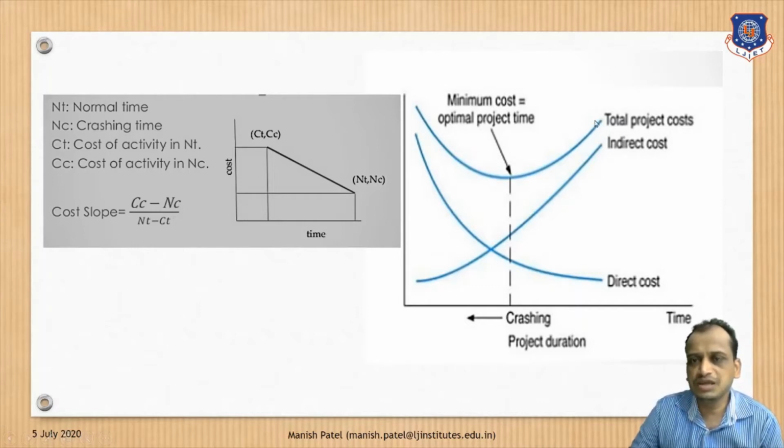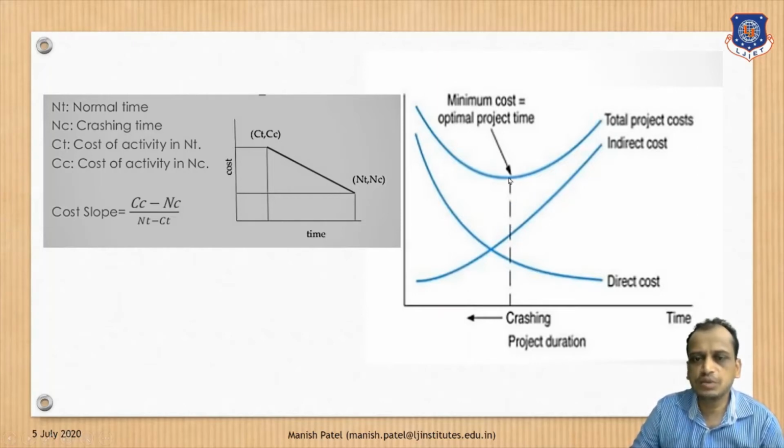What the company tries to find is this level here. This level is the optimum level where you can crash the network or the activities. Here it is the optimized one. If you go up on the top, you are trying to increase the cost, but this is the optimized crashing of the project, right?